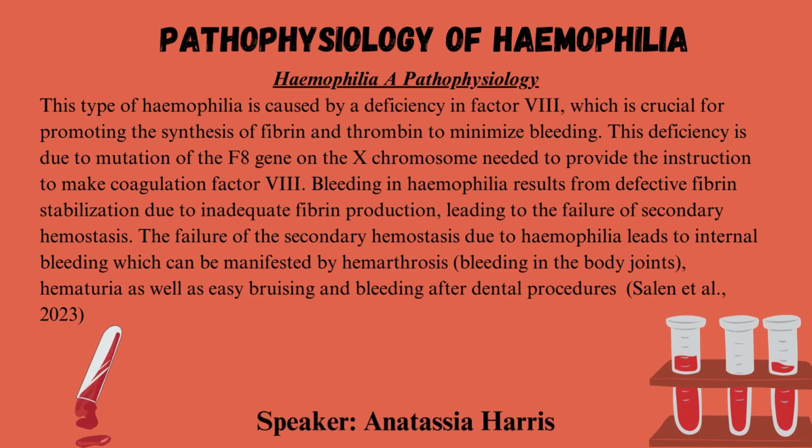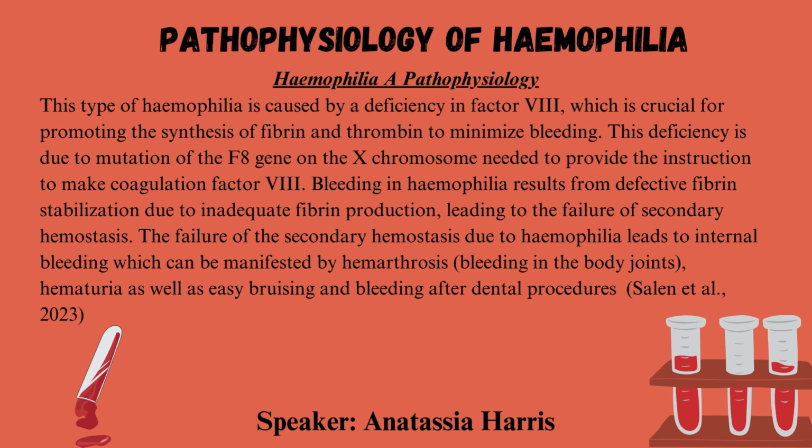Hemophilia A, caused by a missense mutation of the F8 gene on the X chromosome, leads to a deficiency or absence of factor 8. Bleeding in hemophilia results from defective fibrin stabilization due to a defect in the activation of the coagulation cascade. When there is tissue damage in the body, whether it is internal or external, exposed collagen fiber leads to the hemostatic process beginning.